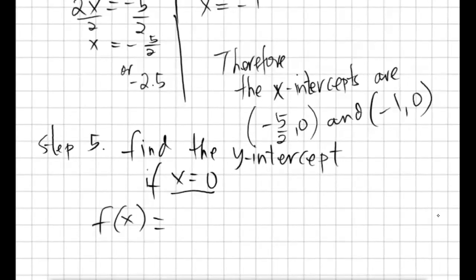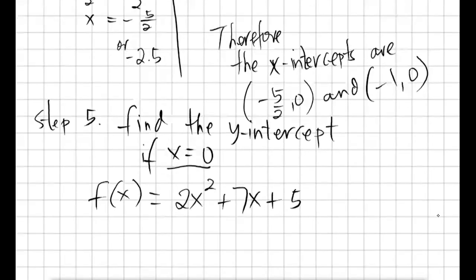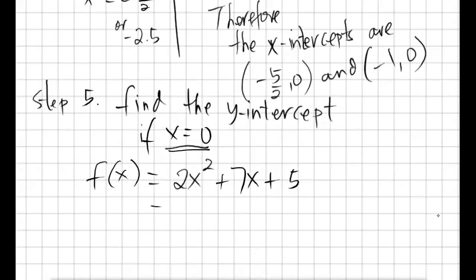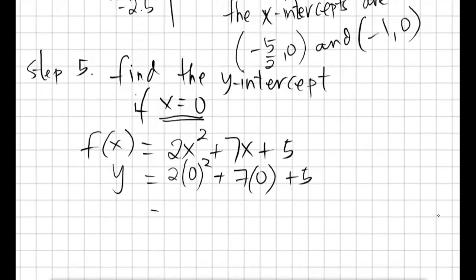So remembering the function, 2x squared plus 7x plus 5. Okay, and change x to 0. So that's going to be f of x is y, of course. We know that. 2 times 0 squared plus 7 times 0 plus 5. So 2 times 0 squared is 0. 7 times 0 is 0 plus 5.